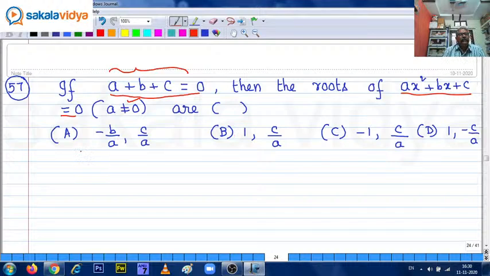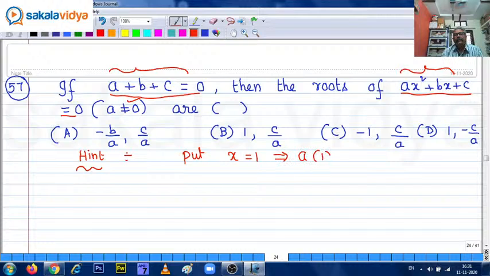Remember one hint: put x is equal to 1. Then a into 1 square plus b into 1 plus c equals 0, so a plus b plus c is equal to 0. That means 1 satisfies this quadratic equation, so x is equal to 1 is a root.